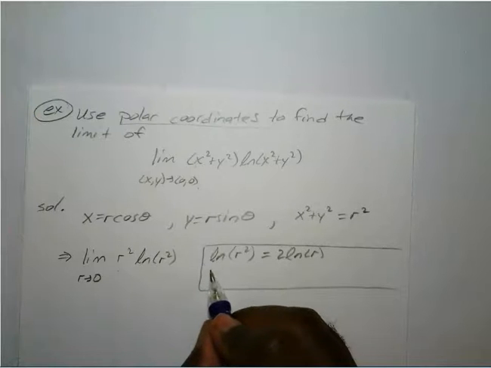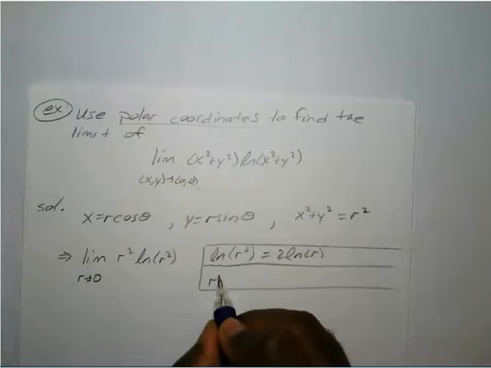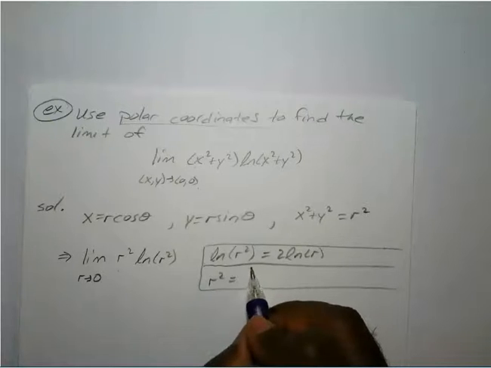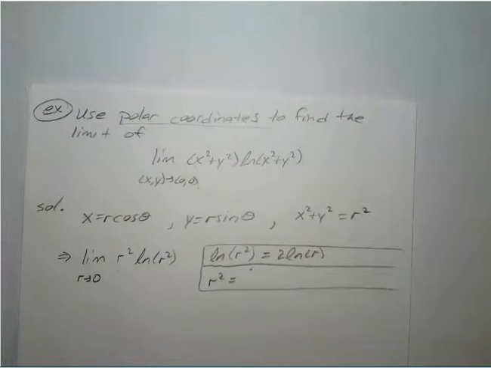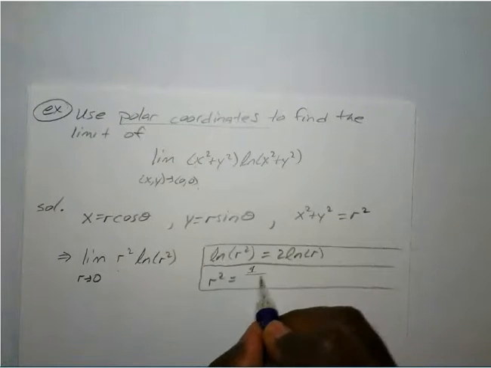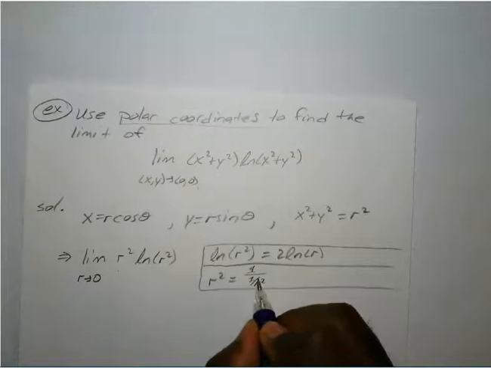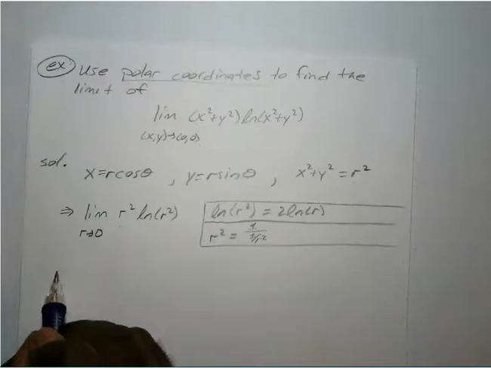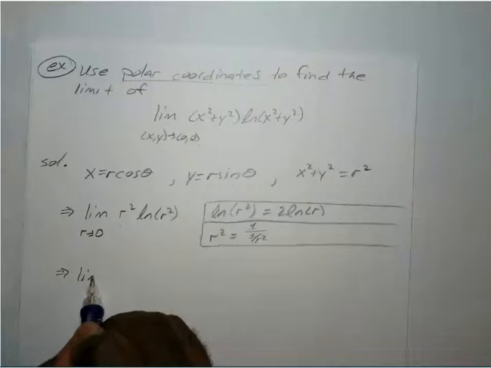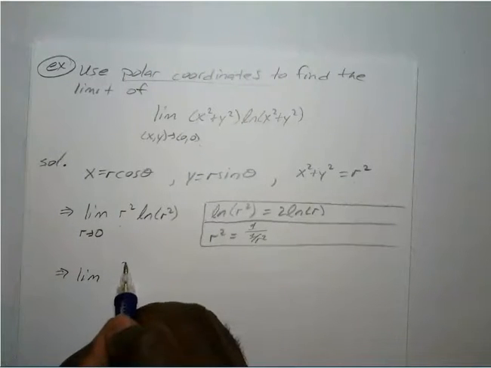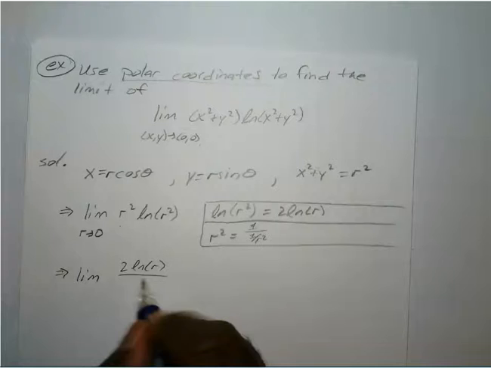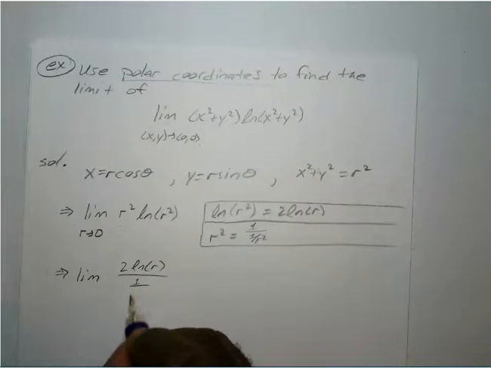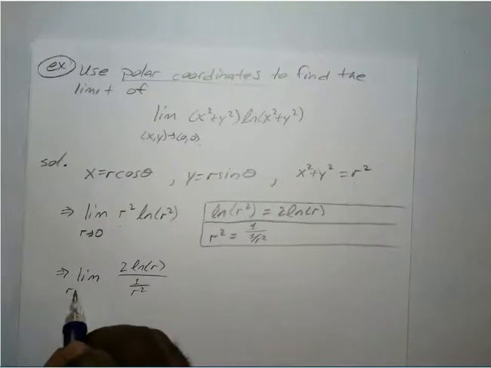And our r squared, you can actually rewrite that as 1 over r squared. All right. So that means we're going to rewrite this as the limit of 2 natural log of r over 1 over r squared as r approaches 0.